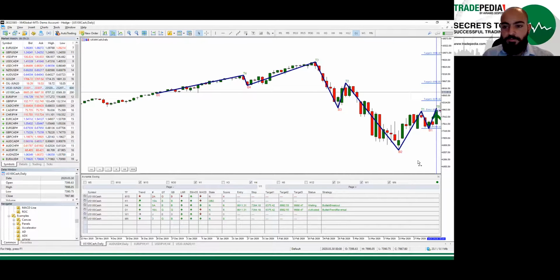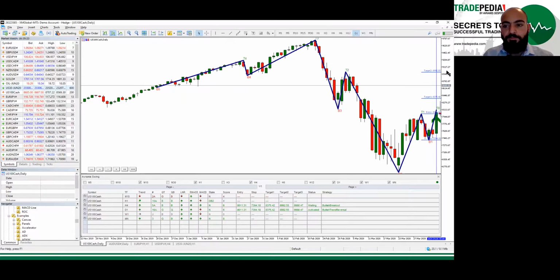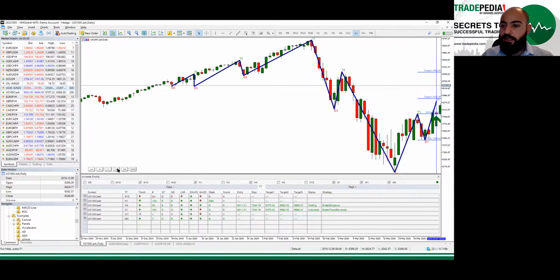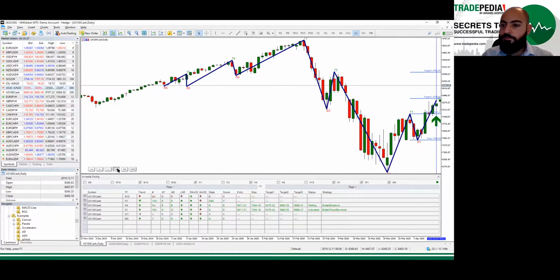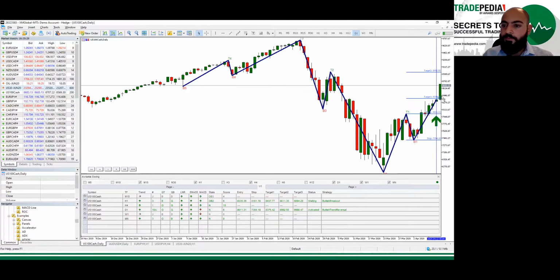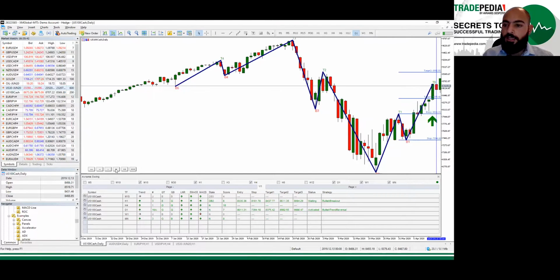Now remember, what did we agree? We agreed that as soon as the prices reach target 1, what do we do? We close 50% of the position, move the stop loss from B1 to the entry level, and then wait patiently until the prices continue higher.